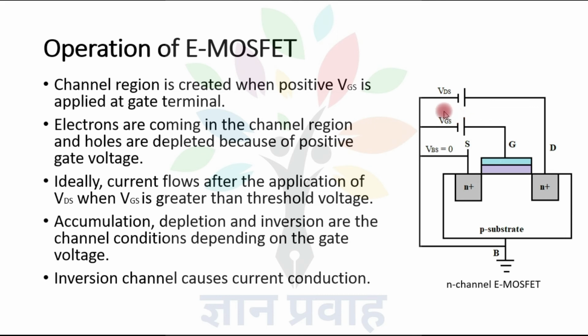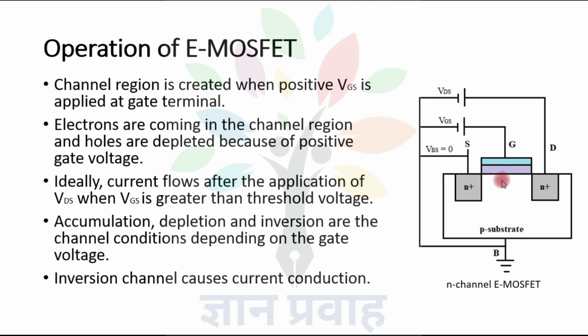And depending on the polarity of this VGS voltage, there are three regions in the channel region. These are the accumulation region, depletion region and inversion region. The accumulation region is there when we apply negative VGS voltage here. Due to the negative VGS voltage, negative charges are present here, and due to the capacitive effect of this MOSFET configuration, positive charges are there.